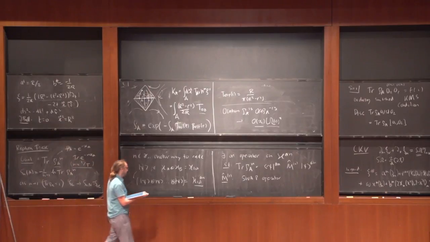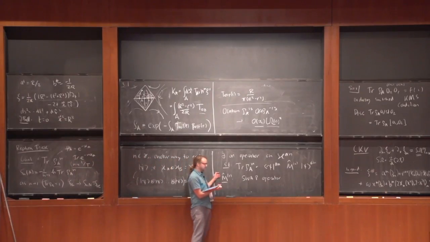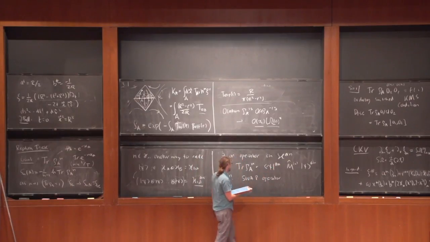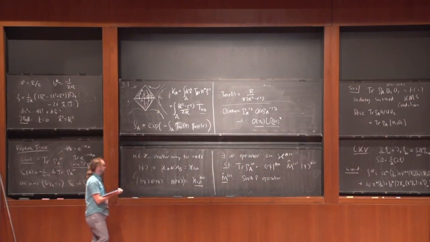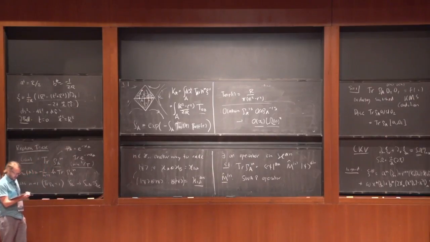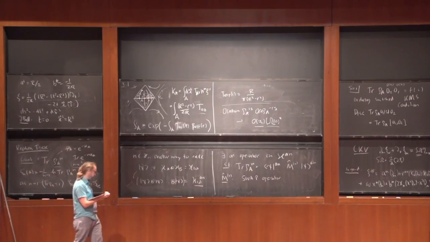It's also useful in that in some situations you can even try to measure the Renyi entropies because now this is an operator, right? And so, in principle, you can try to measure it in the lab. It has been measured in the lab, yes.